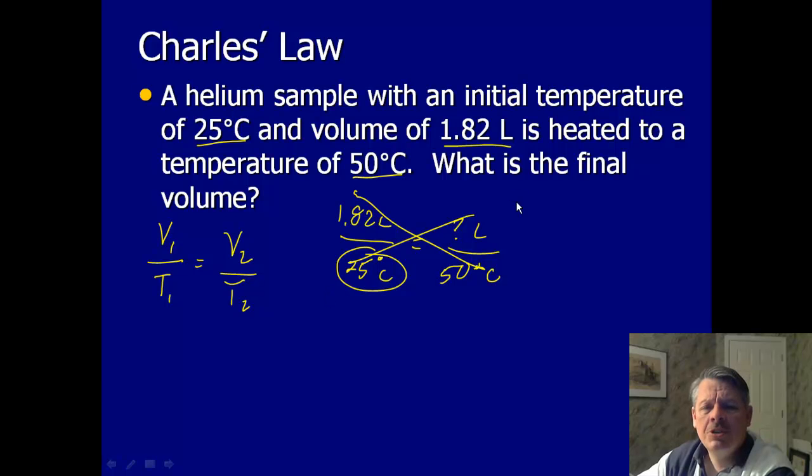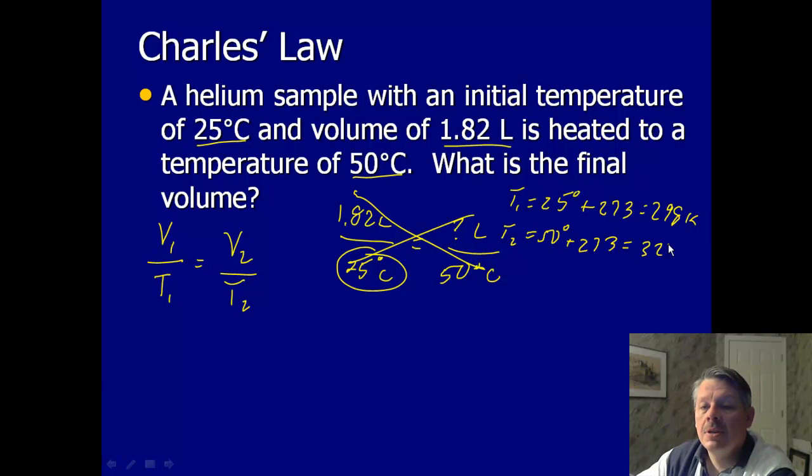Oh gosh, yes. So let's look at our first temperature. Our first temperature is 25 degrees Celsius. But remember, it has to be in Kelvin. So we have to add 273 to that. And when we do that, we get 298 Kelvin. And our final temperature, which is 50 degrees Celsius, we have to add 273 to that.